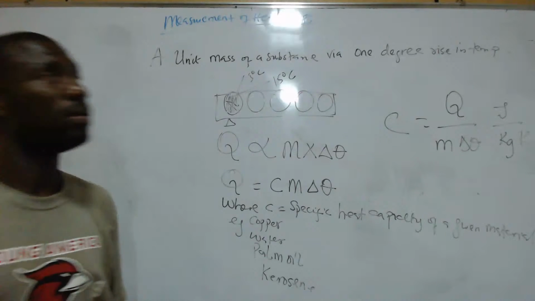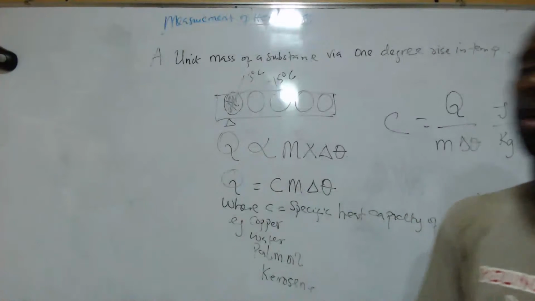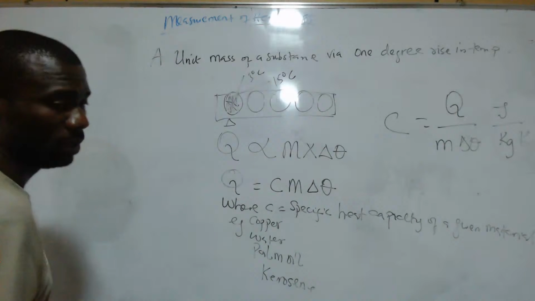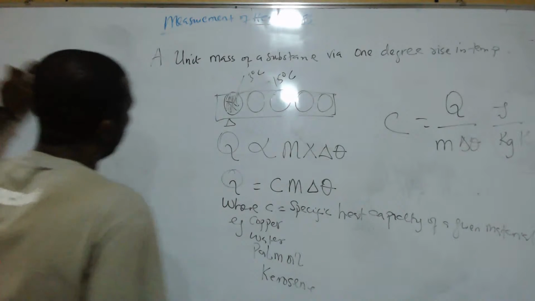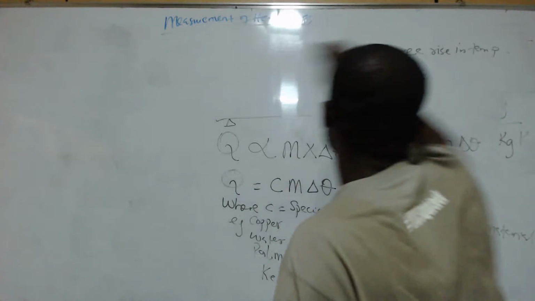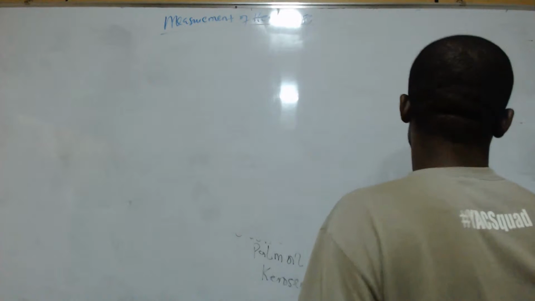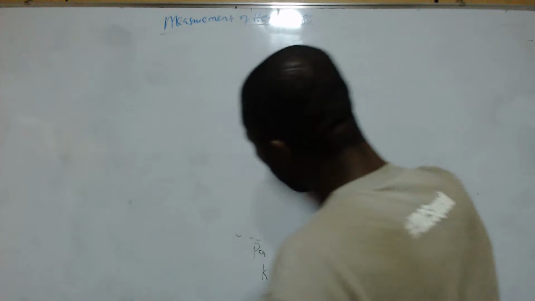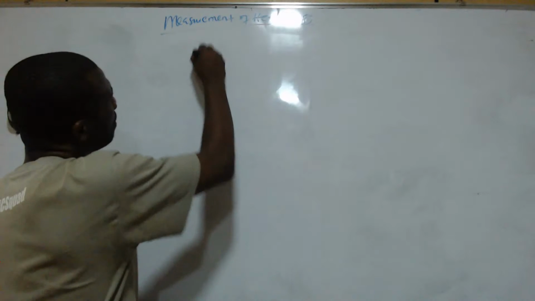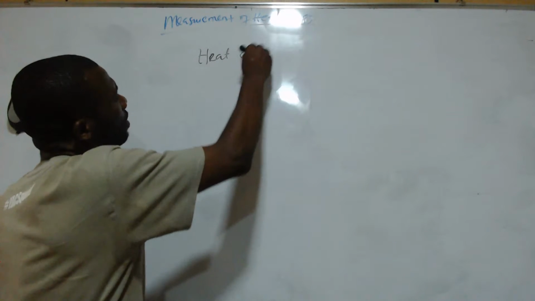Now, in measurement of specific heat capacity, we have two methods: the calorimeter method or method of mixture. Before I go into that, I will talk about heat capacity.